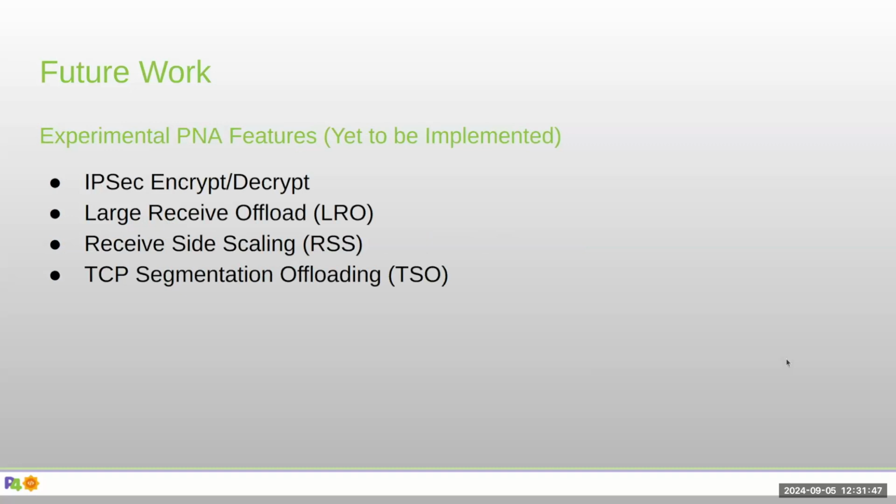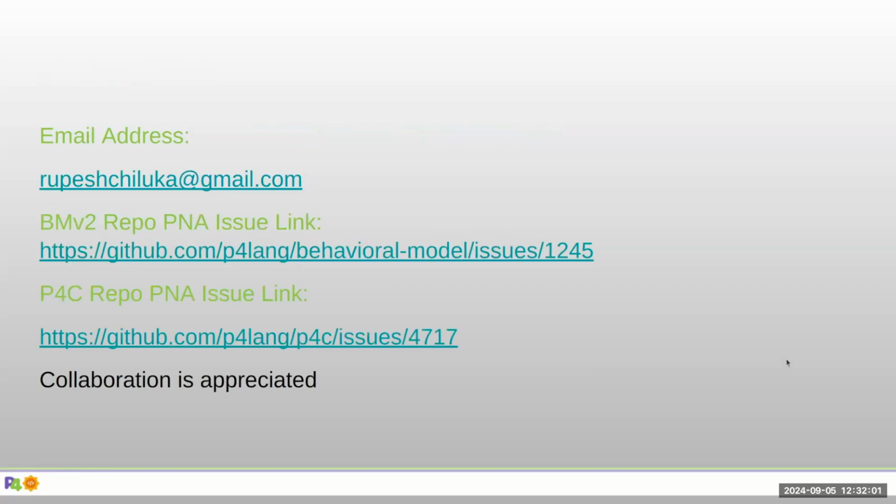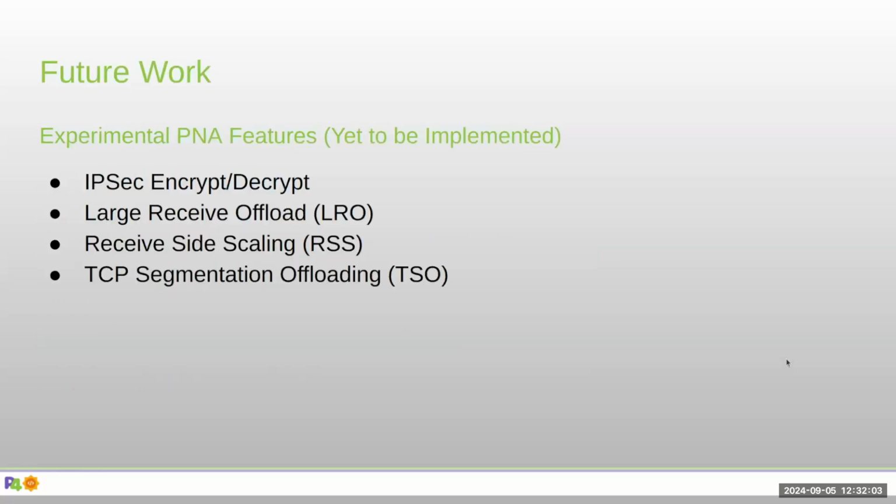These are the PNA use cases that need to be implemented, like IPsec encryption and decryption, RSS, and TCP segmentation offloading. These are some experimental PNA features that need to be implemented.